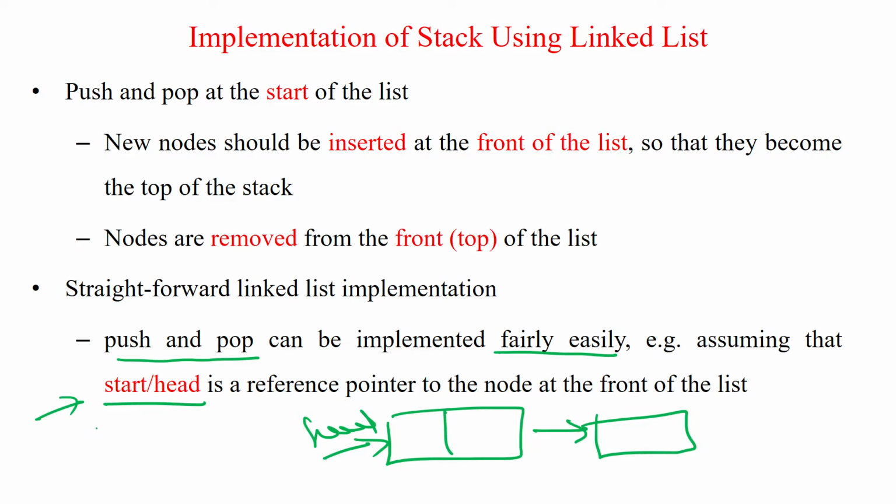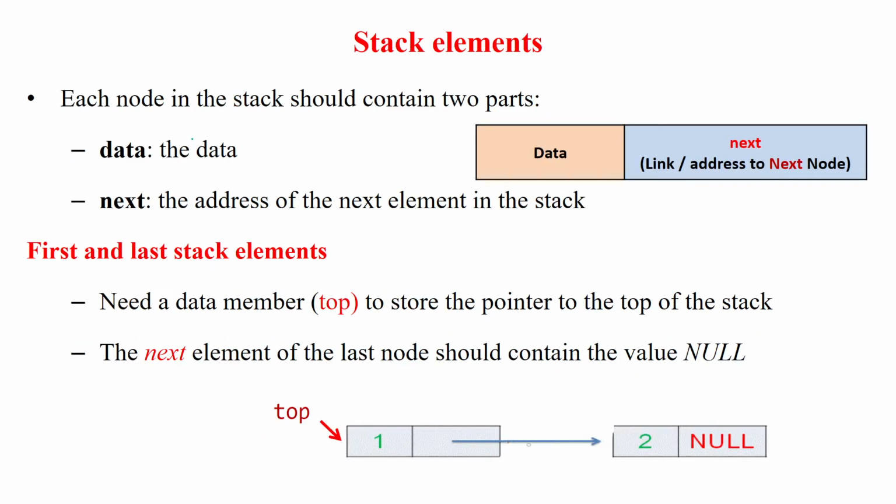That means for a stack using the linked list, the head pointer will act as the top of the stack. Here the stack is in the form of linked list nodes. I am using a single linked list node which has two fields, a data field and an address field, which points to the next node.